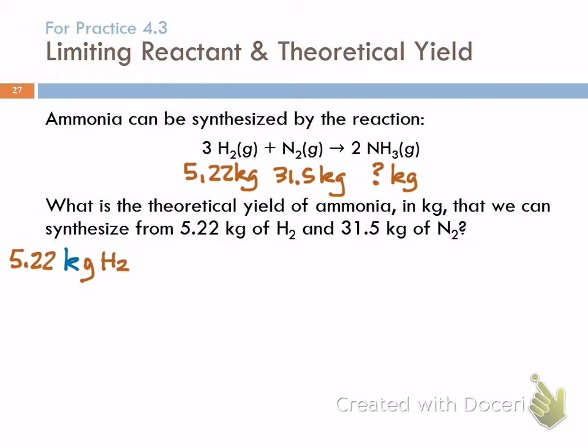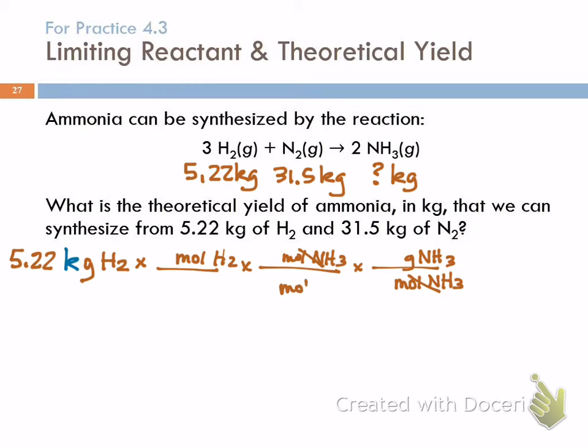So I'm ignoring the kilo, and I'm just going grams to moles to grams. So to moles of H2, to moles of ammonia, NH3, and then grams of ammonia. Down here, moles of NH3.